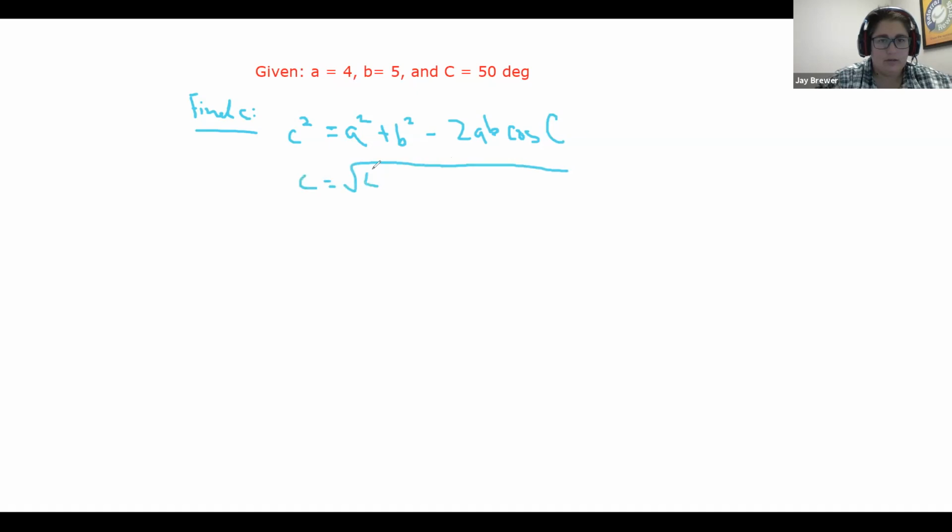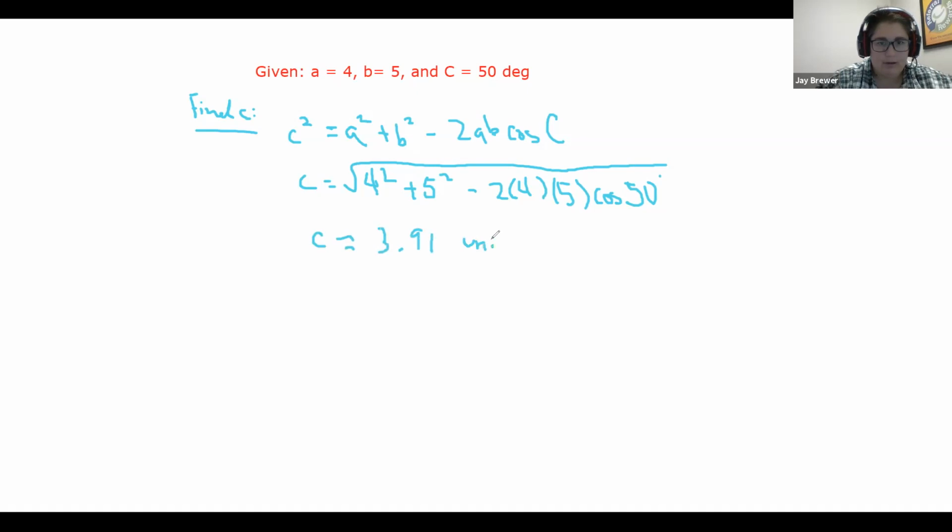So 4 squared plus 5 squared minus 2 times 4 times 5 times the cosine of 50 degrees. I'm not going to insult your intelligence by figuring all that out for you. So I will just write down that you will get approximately 3.91.